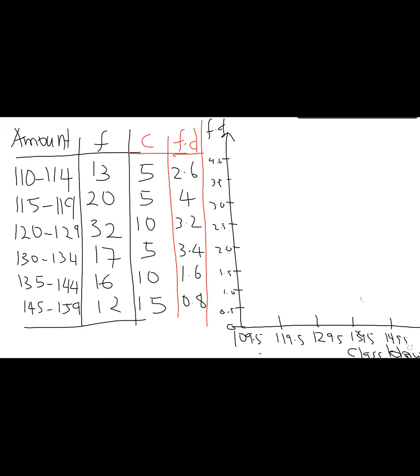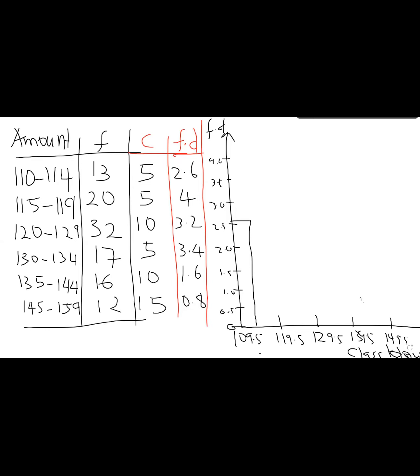It's 109 to 114.5. So 114.5 does not reach, because this is 10 and these are 5, this is halfway. So when I draw the 2.6 here, I'll do something like that. And mind you, you are using a ruler, your lines must be straight.